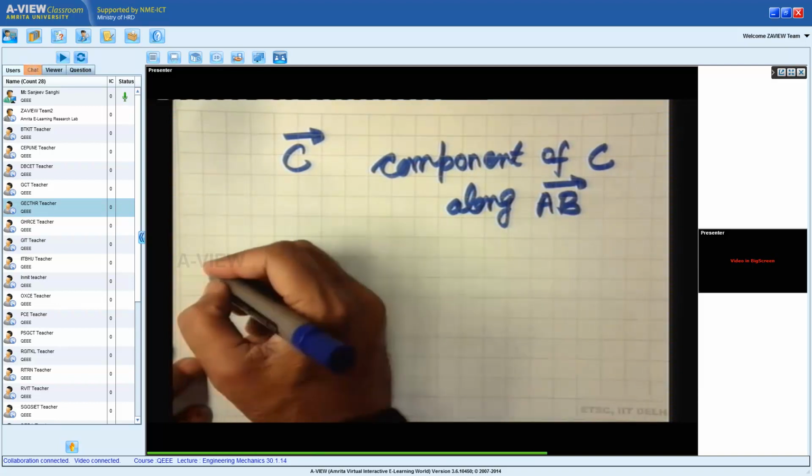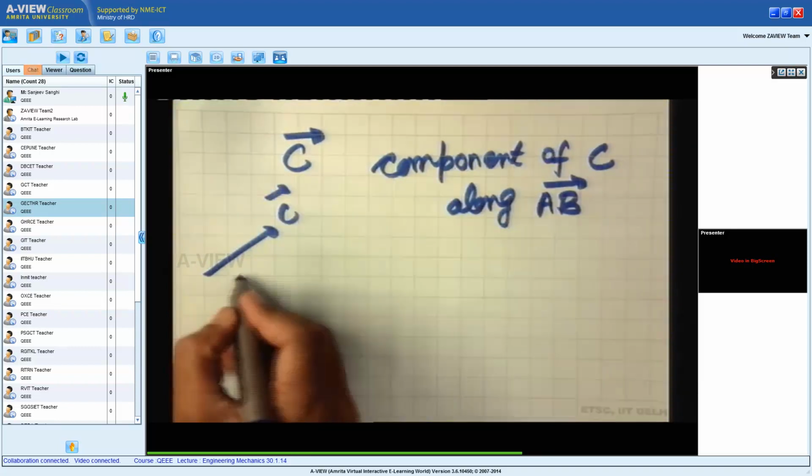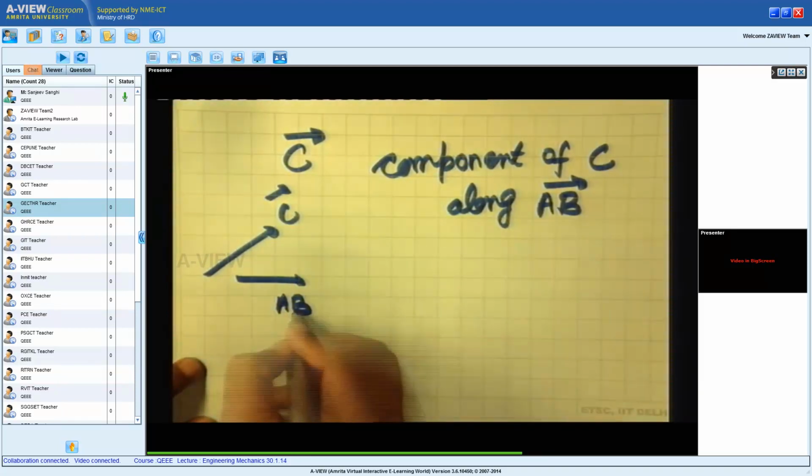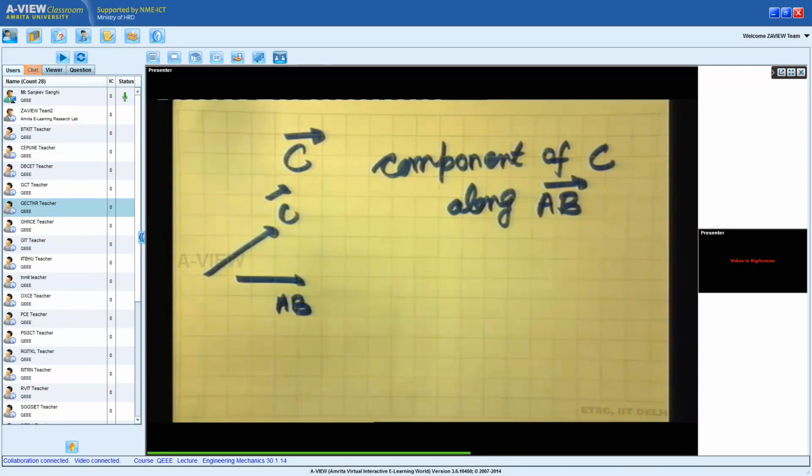We have a vector C, we have a vector AB. We want to find what is the component of C along AB.